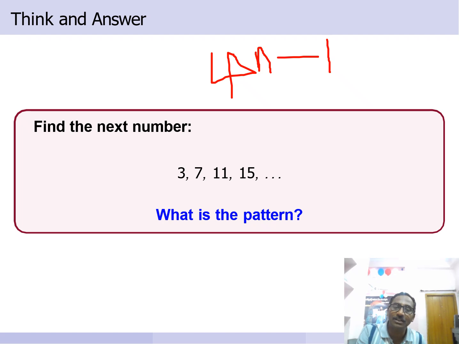What is the difference? 7 minus 3 is 4. The difference is 4, so you can take 4 here.